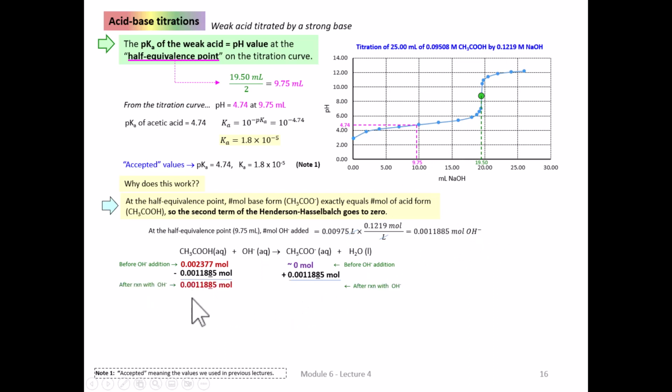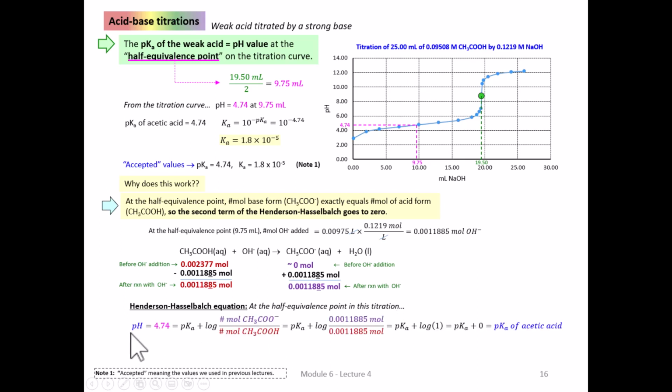And so after reaction, we have the exact same number of moles of weak acid left as moles of acetate that we produced. So if you write out the Henderson-Hasselbalch equation at this point in the titration, the pH, which is 4.74, equals the pKa plus the log of the number of moles of base form divided by the number of moles of acid form.